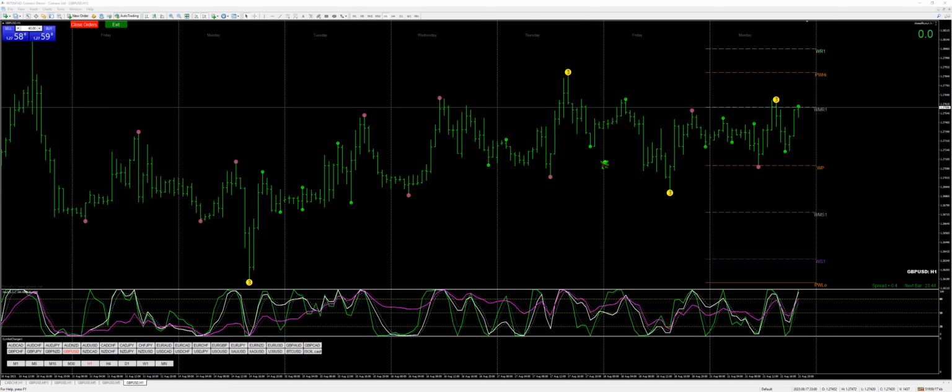Looking at the pound dollar, which was a difficult pair to trade, to say the least. So let me add the moving averages to this.